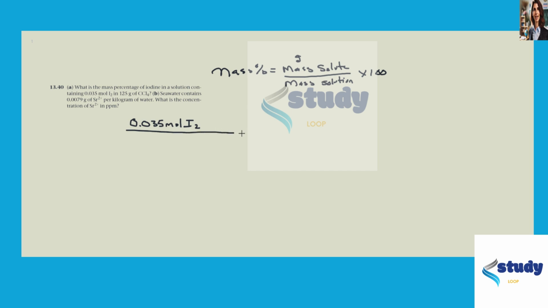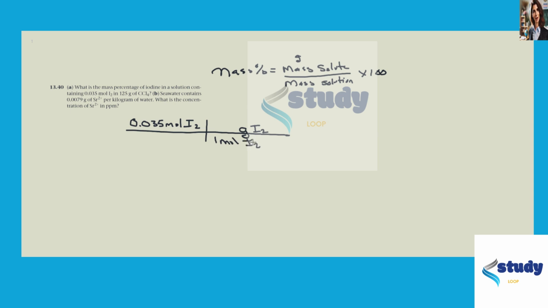And the reason there's a 2 there is because iodine is one of those diatomics, one of our 7 scaredy cats on our periodic table that requires that they're always in pairs. So looking at our periodic table, we can find a way to convert this to grams, which is what we need. We're going to need grams of both our solute and our solvent. Even if we're not sure which one this is, we know we have to go into grams. And we know if we use the periodic table, it's always set up to 1 mole of iodide.